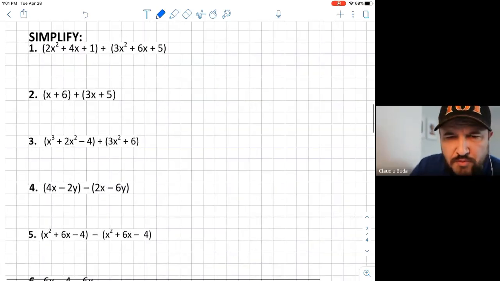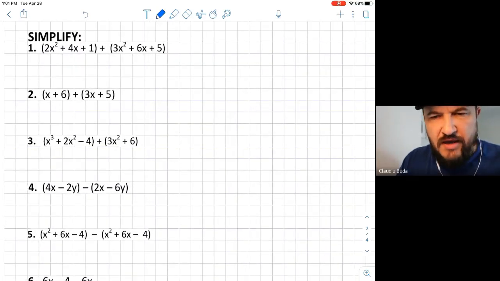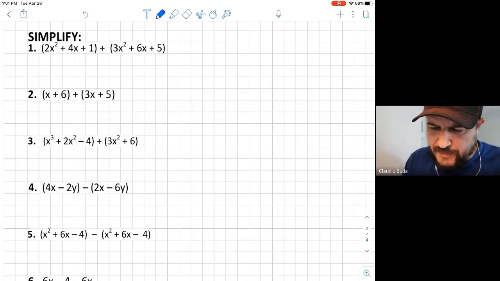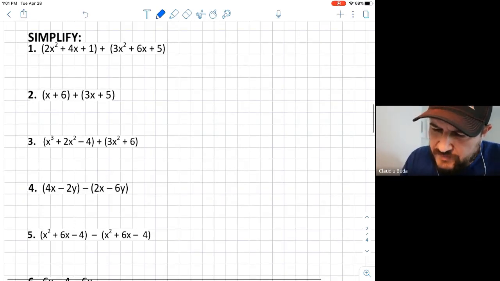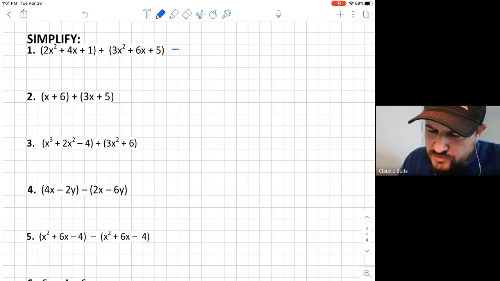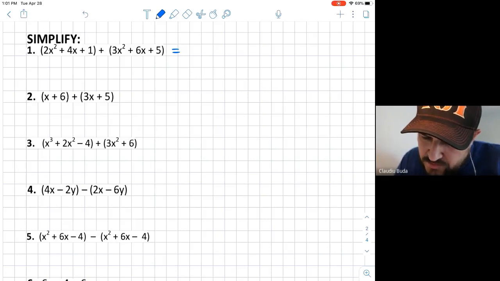So try a few problems that we have here as to simplify. Let's try the first one. Okay, so 2x squared, since we have addition, plus 3x squared, that is 5x squared.